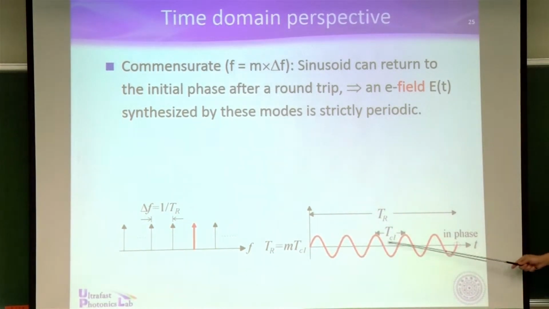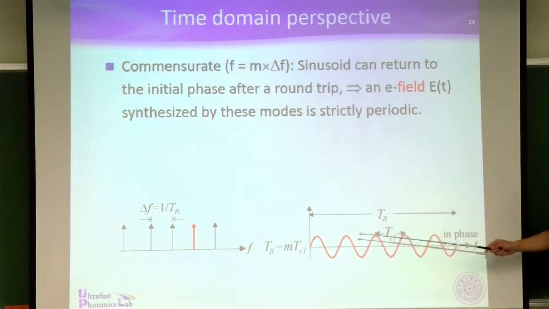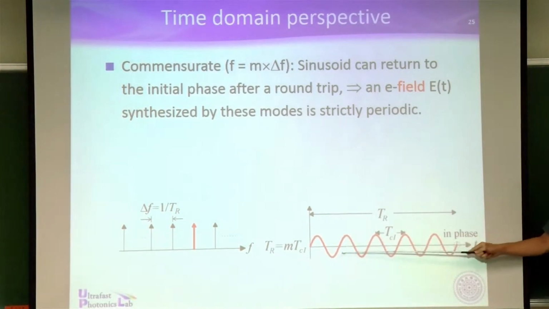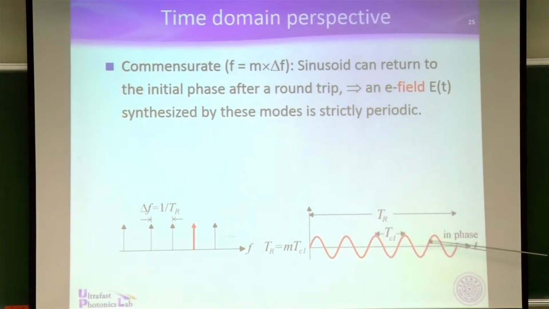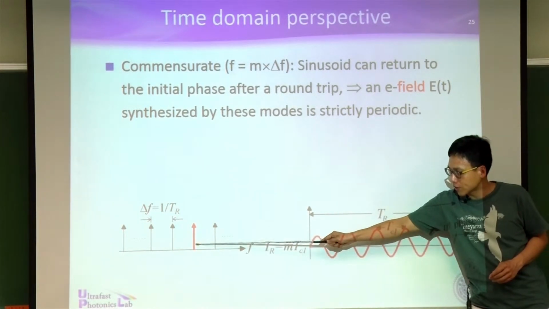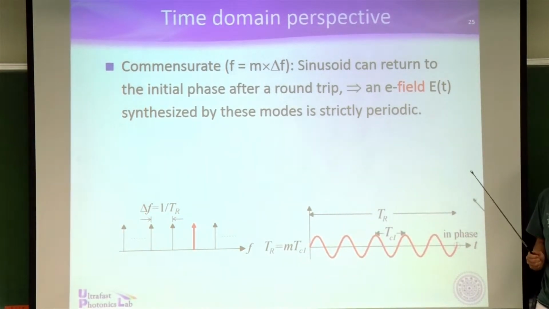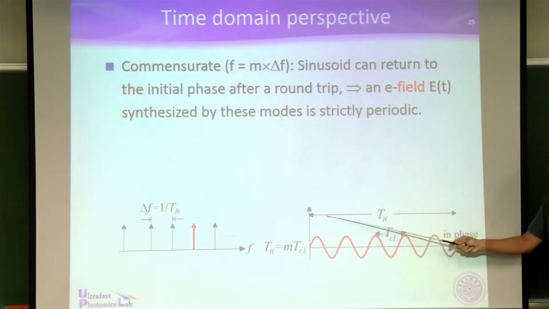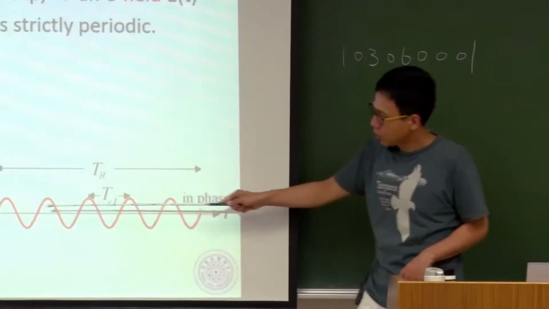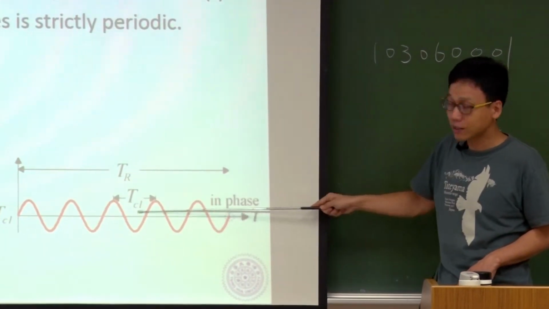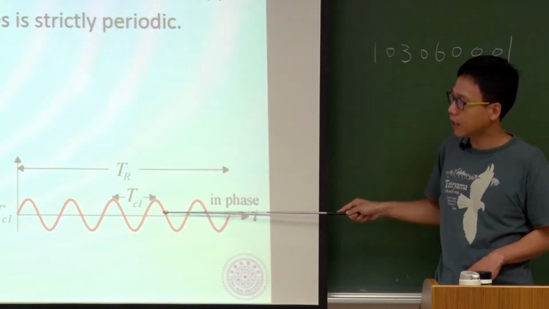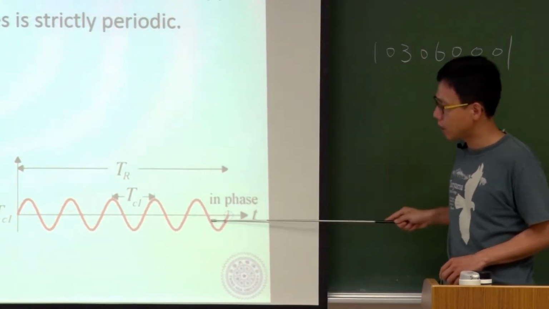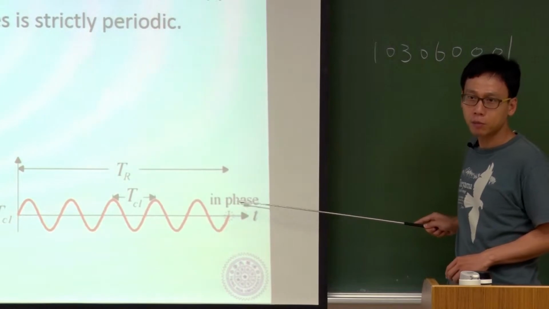Then in the time domain, a single frequency in the frequency domain means a perfect sinusoid in the time domain, right? And if the frequency, say f equals fc1, is m times delta f, then in one cavity round trip time, you have exactly an integral multiple of carrier cycles. So starting with phase 0, end up with phase 0. Okay, perfect in phase.